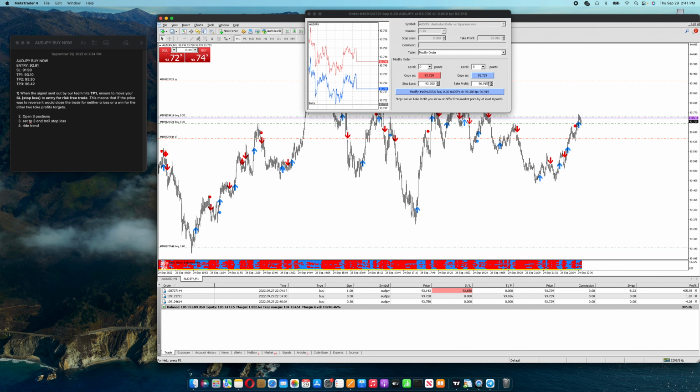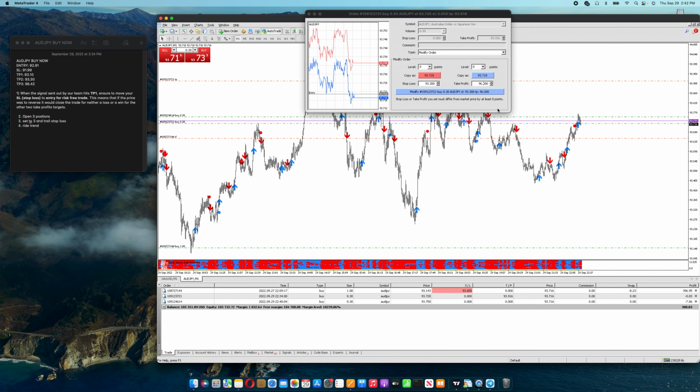Now, what do I like to do? I don't want to use the exact number. I want to use 42 just in case of the spread. You ever had that time where the market comes right below your take profit and doesn't hit, and the next thing you know, it hits your stop loss instead of profit? So what I like to do is instead of putting 42, I might put 30.